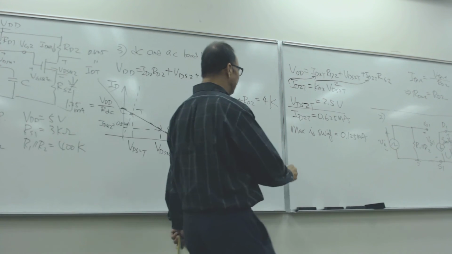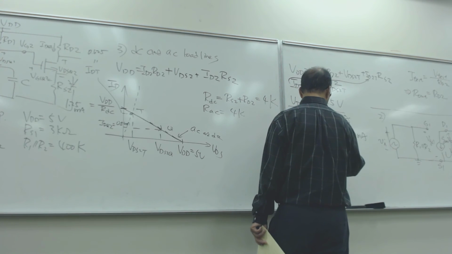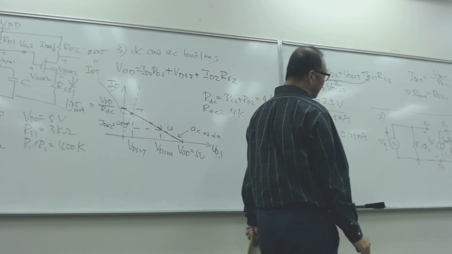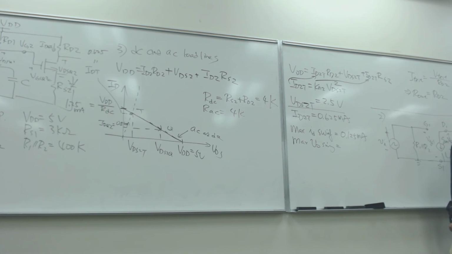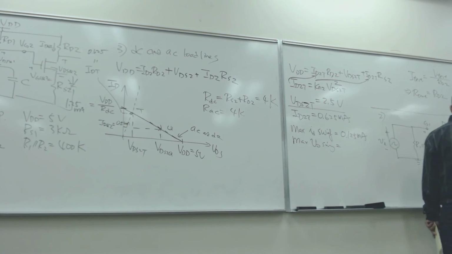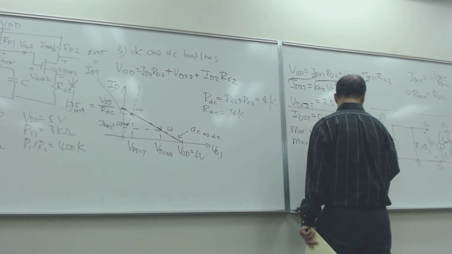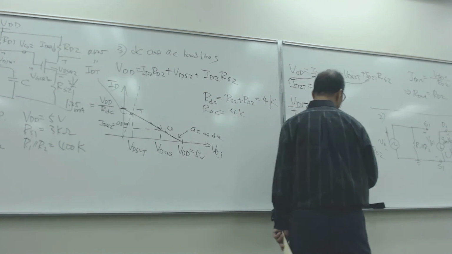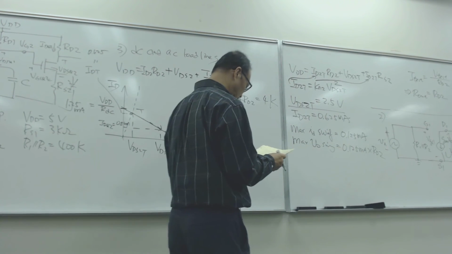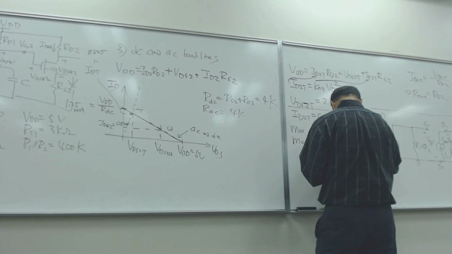Okay, then the maximum output voltage swing, if you look at the circuit, the voltage is the product of the drain current and RD2, right? So therefore it's 0.125 milliamp times RD2, correct? And which is 2.5K.